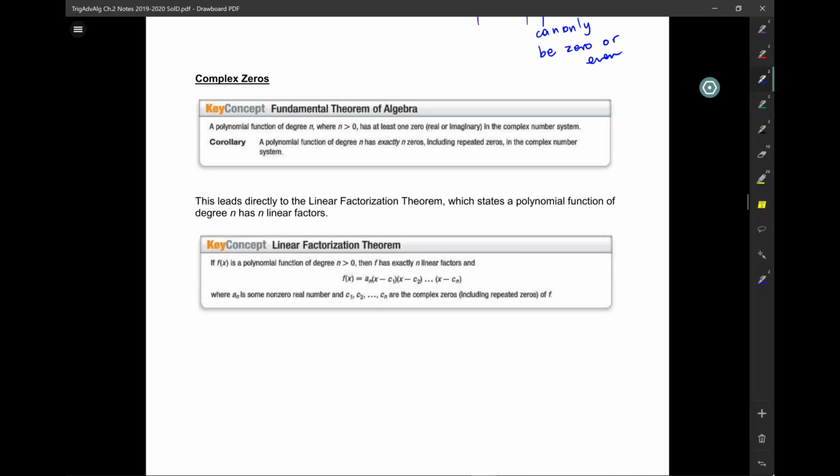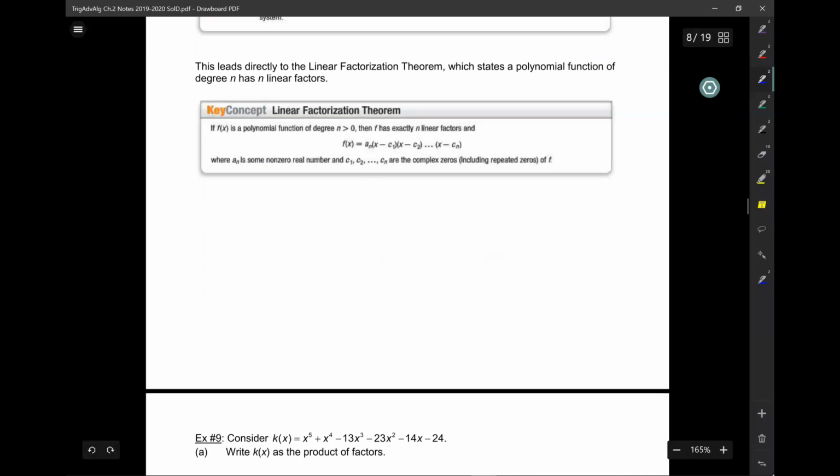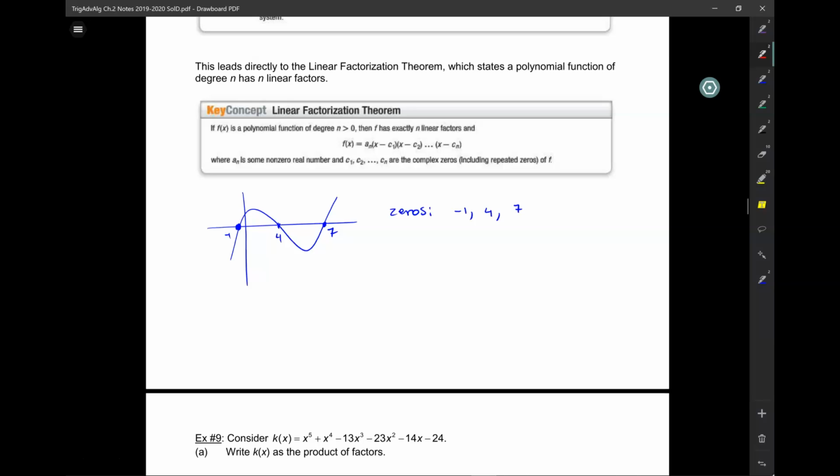Moving on. Factorization theorem, what does that say? Suppose you have a function like this, and it crosses the x-axis at -1, at 4, and 7. So the zeros are -1, 4, and 7. That means each of those gives us a term in the function.